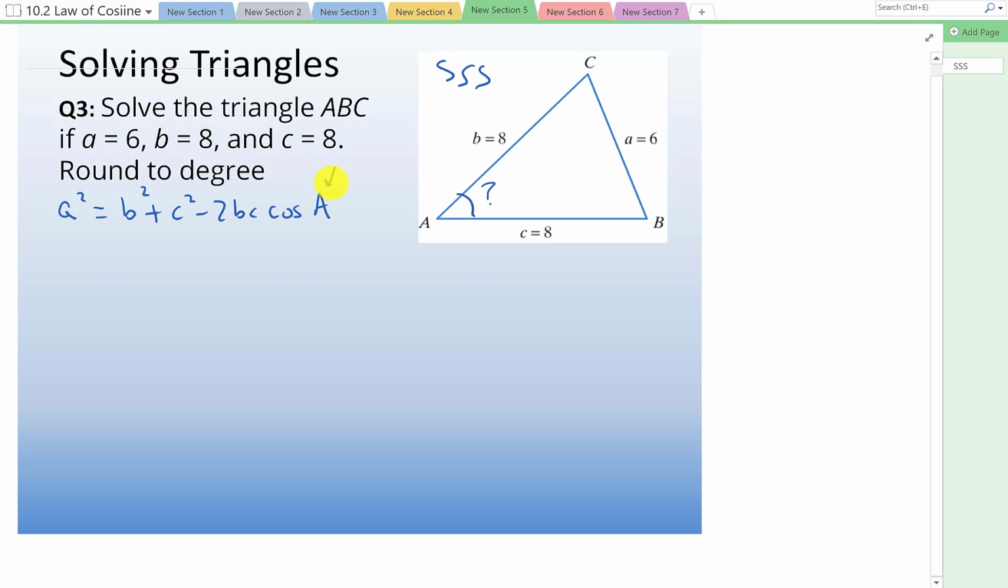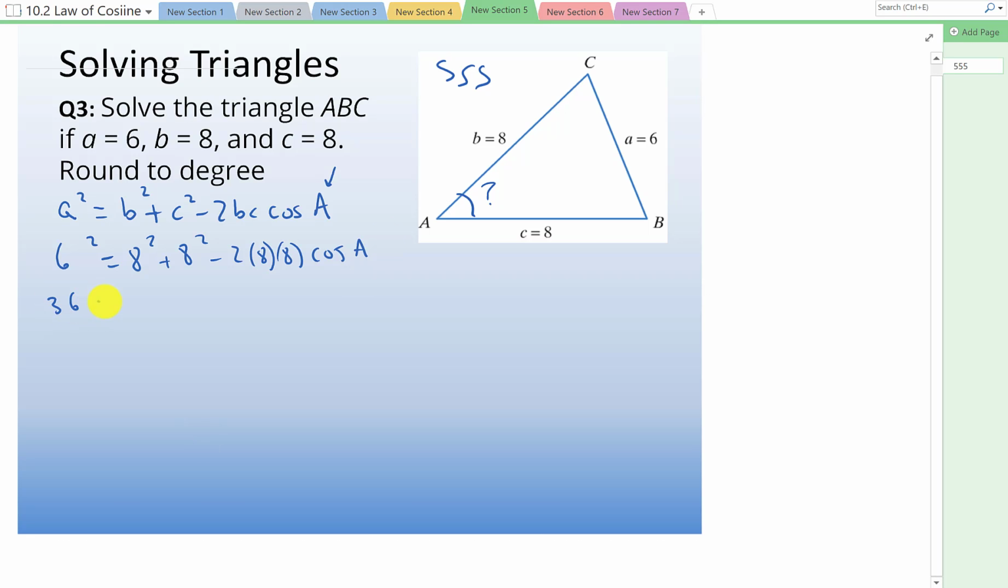I can solve for cosine A if I just plug in all the other stuff. So side A is 6 equals B is 8 squared. C is also 8 squared minus 2. B is 8. C is 8. Cosine A, unknown.